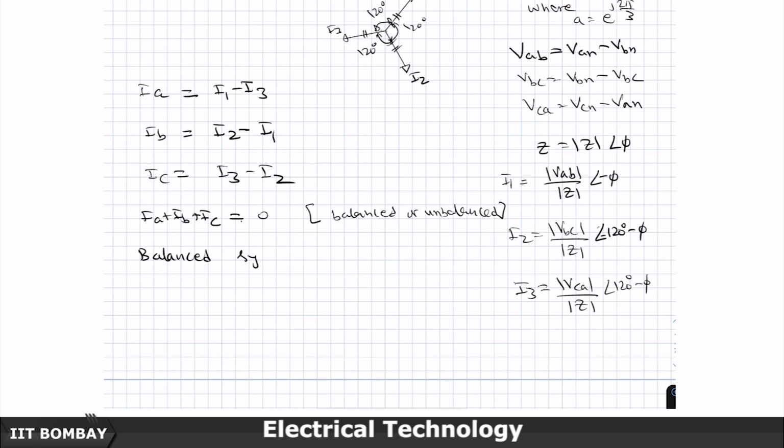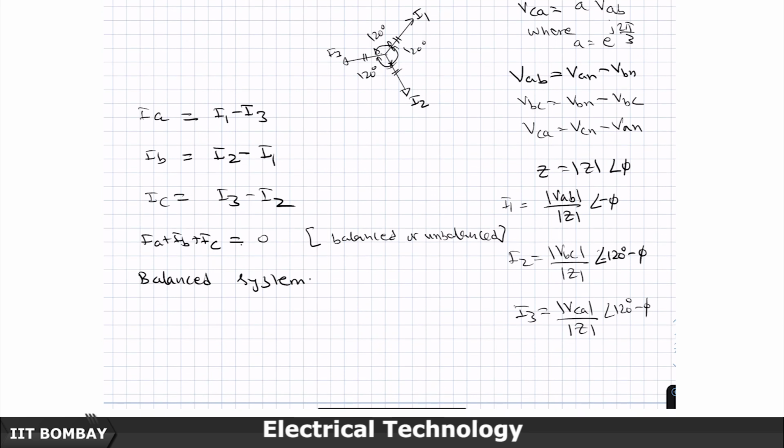Now, let us focus on the balanced system perspective. In the balanced system, I2 is lagging I1 by 120 degrees, in other words, I1 leads I2 by 120 degrees and another 120 degrees. So, if a 120 degree lead rotation is shown by the A operator, then it becomes A square.